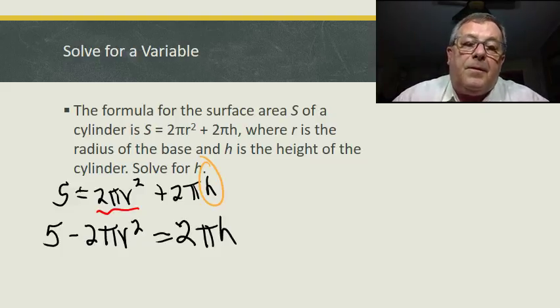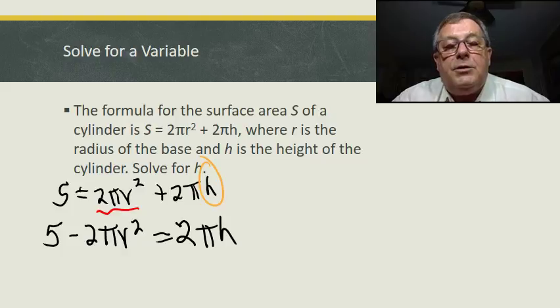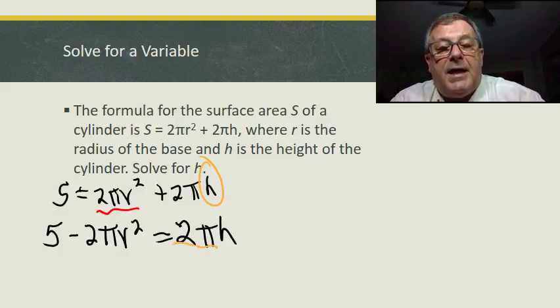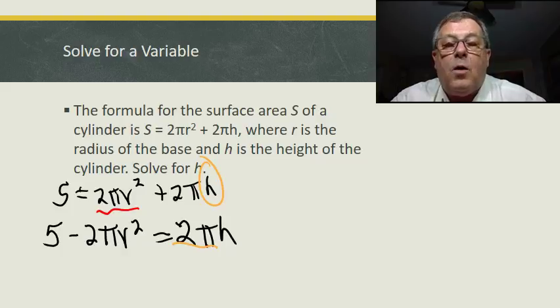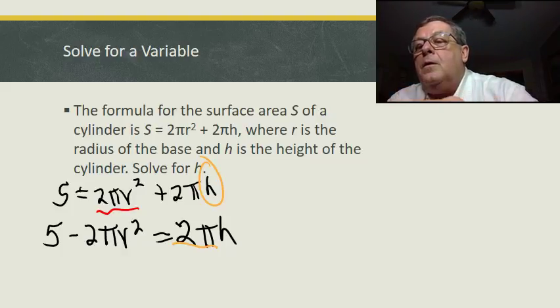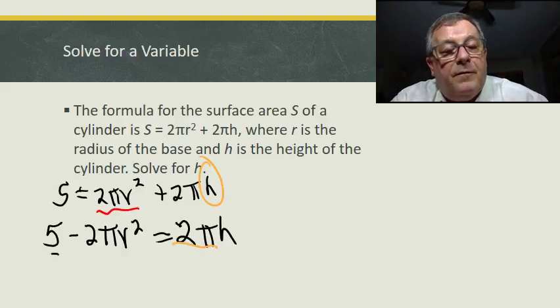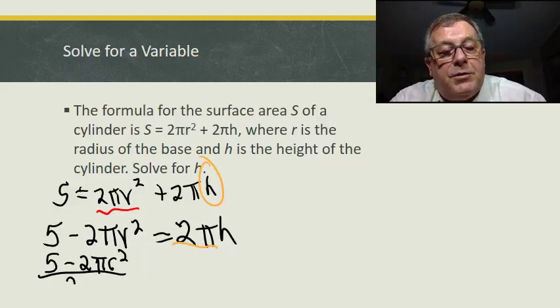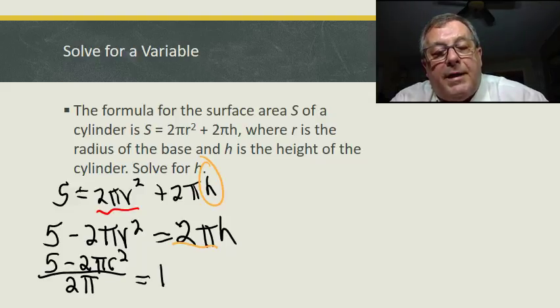Now we can divide by 2 pi to isolate this h. We divide both sides of the equation by 2 pi, and we end up with S minus 2 pi r squared over 2 pi, and that equals h.